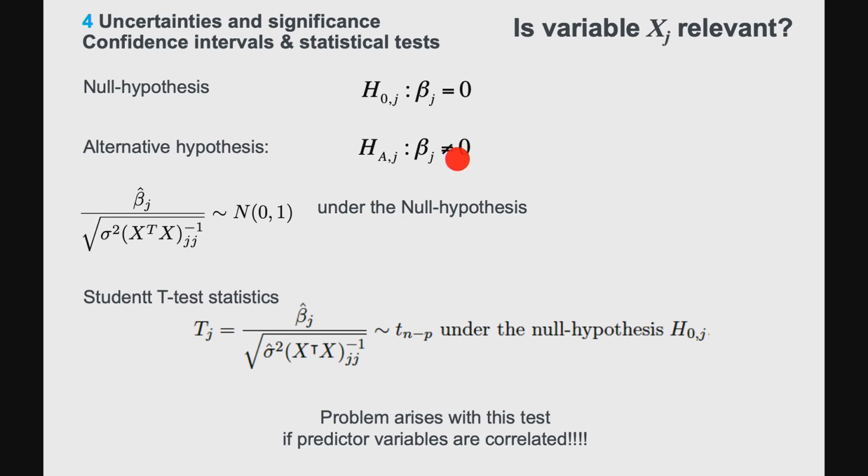And the alternative hypothesis is that it's different from 0, and therefore the particular predictor variable, the particular attribute j, is needed. And so what you establish with the test, you compute this test statistic, you look up in the corresponding table whether under certain degrees of freedom and certain confidence level this test statistic is produced by the t-test distribution.